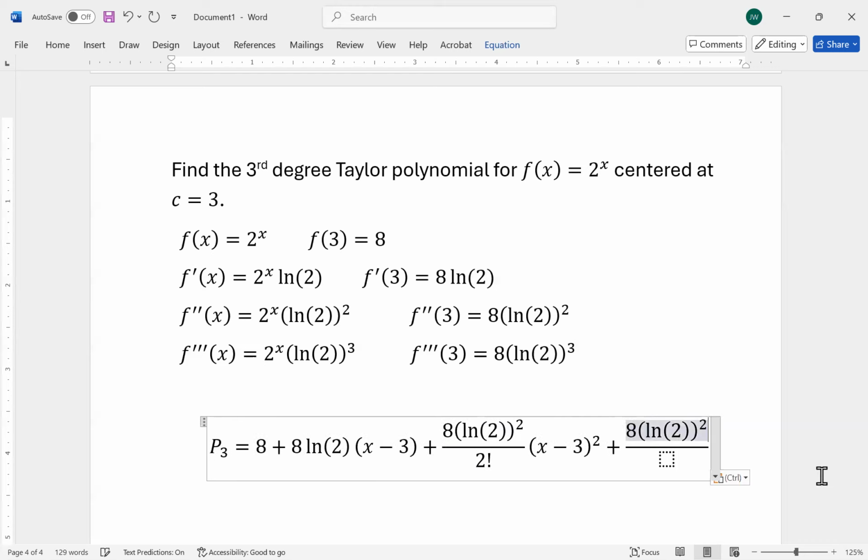Let's put the negative in the numerator instead of out front of the fraction. But we can see here that the second derivative, when you plug in 1, becomes negative 1.